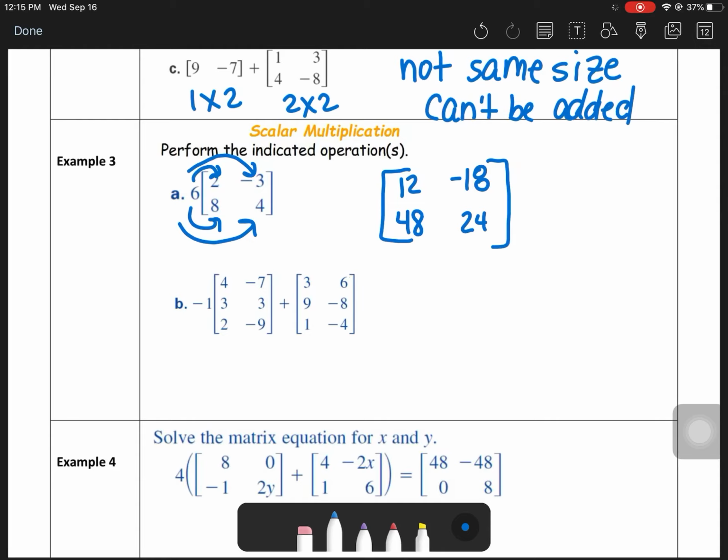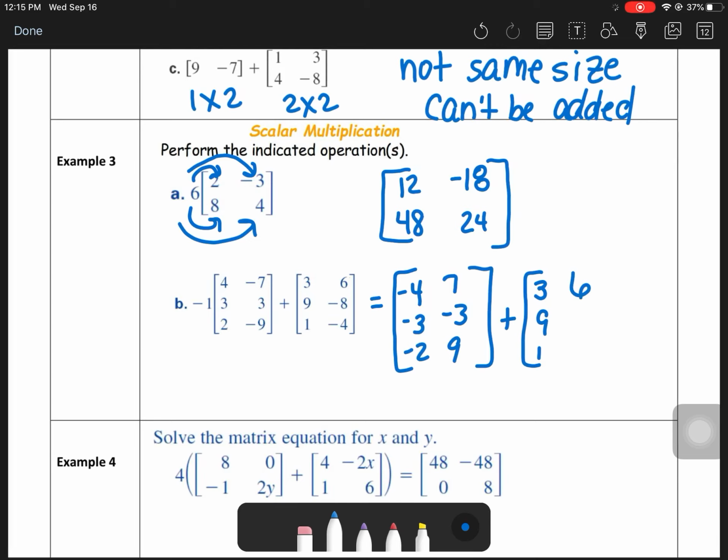If we combine two different operations together, we multiply first and then we add. Our first matrix is simply going to multiply each of the elements by -1, which changes their sign to its opposite. Then, after we've done that, we're going to add the two matrices together, and we can add them because they are the same exact size, 3 rows and 2 columns.